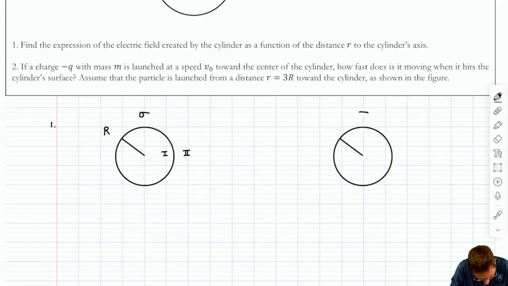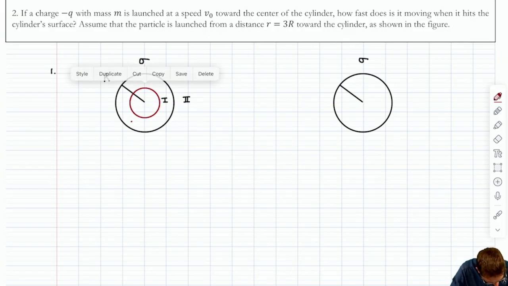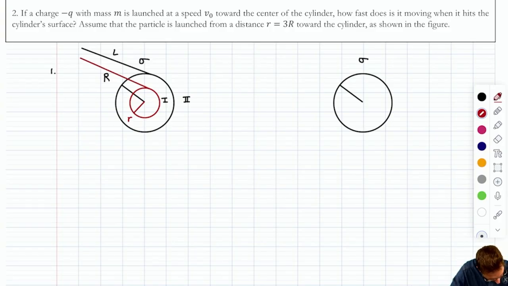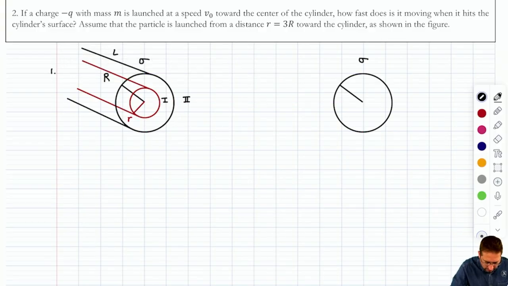So if I take a Gaussian surface, now it looks like a sphere, but careful, it's a cylinder, yeah? A Gaussian cylinder, like this, okay, with a certain length L, right? If it helps, you can do this, right? This has a length L, and then so does this, etc., etc., just to visualize that we're dealing with cylinders and not spheres, so that we get the area right, okay?